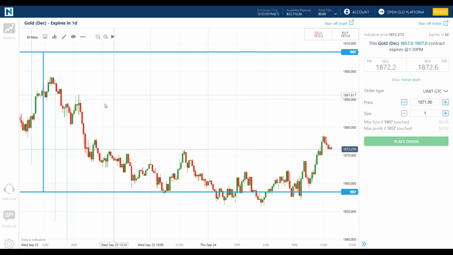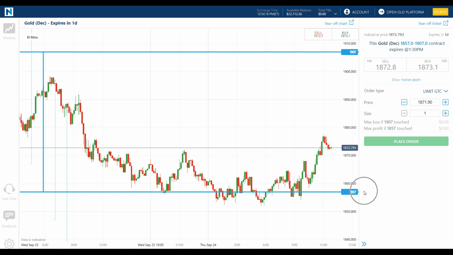Notice I currently have a knockout because it's the one that I clicked on for gold. It's the 1857 to 1907. We're giving you the floor and we're giving you the ceiling. Notice that on the chart, 1857, the floor, is clearly marked, and the ceiling, 1907, is clearly marked.